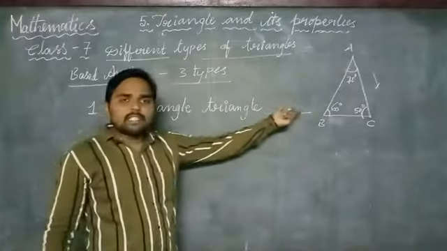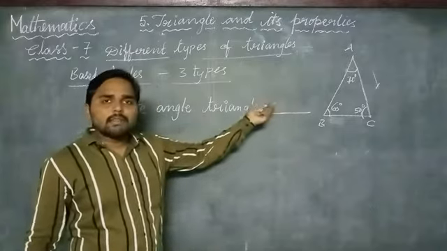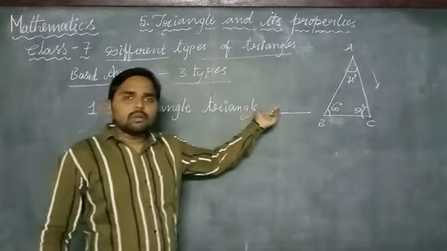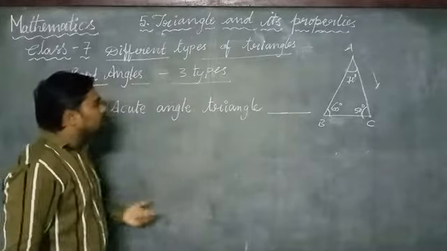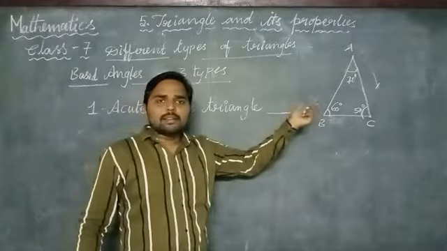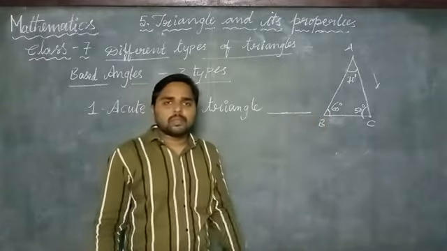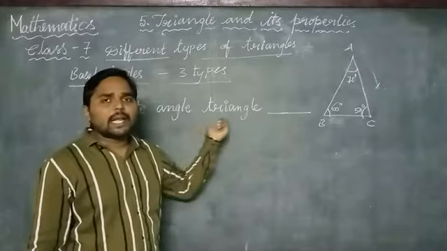A triangle in which all the angles are acute will be treated as an acute angle triangle. If all the angles belong to acute angles, then it is an acute angle triangle.